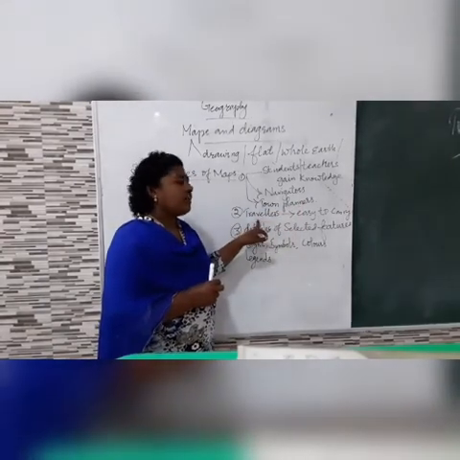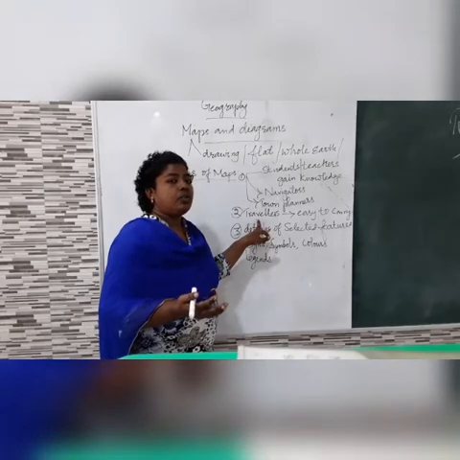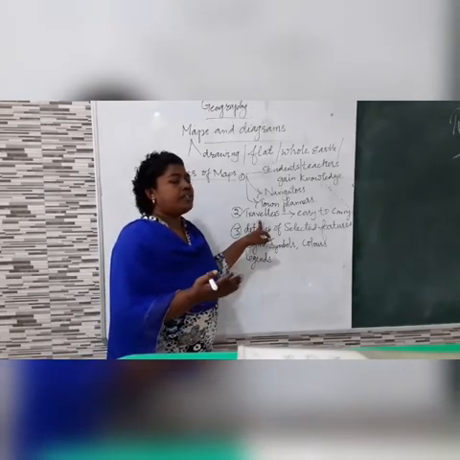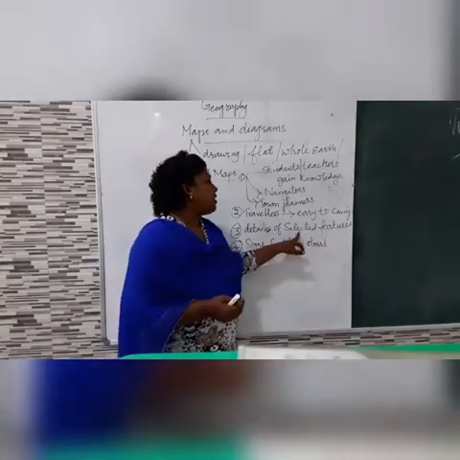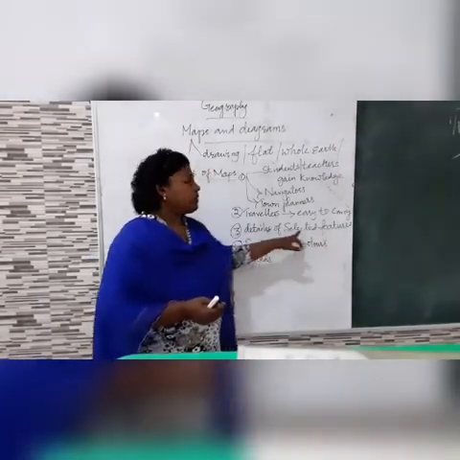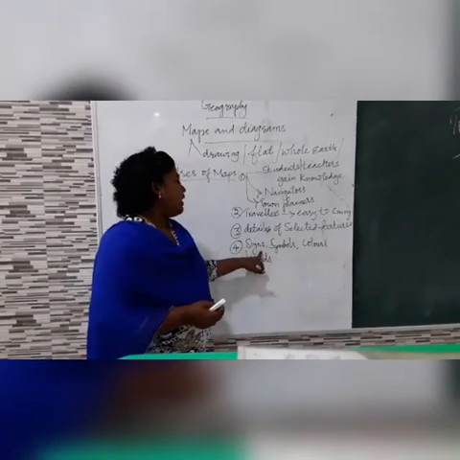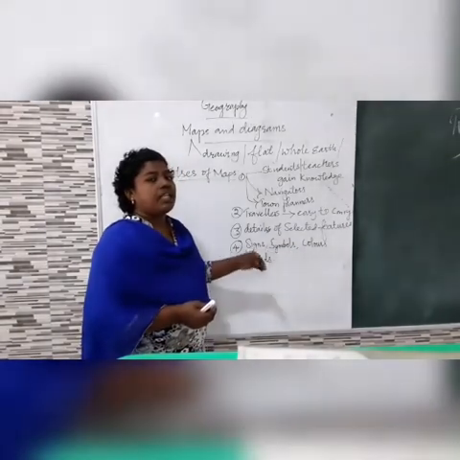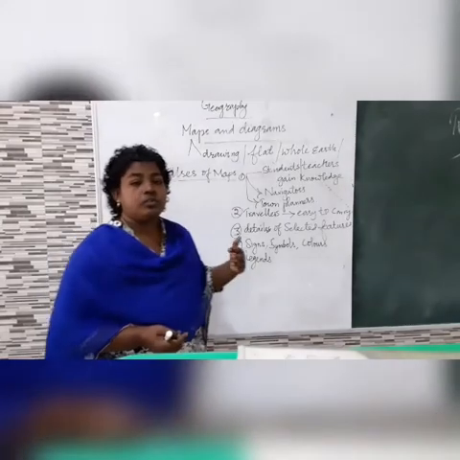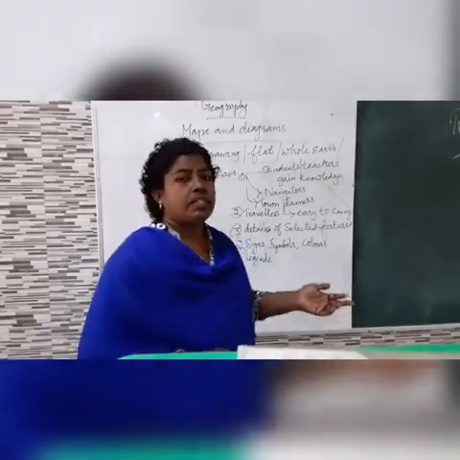For the travelers it is very easy to carry and move from one place to another. It also gives us information about the selected features. And the signs, symbols and colors used in the maps help us get more information about the particular area.